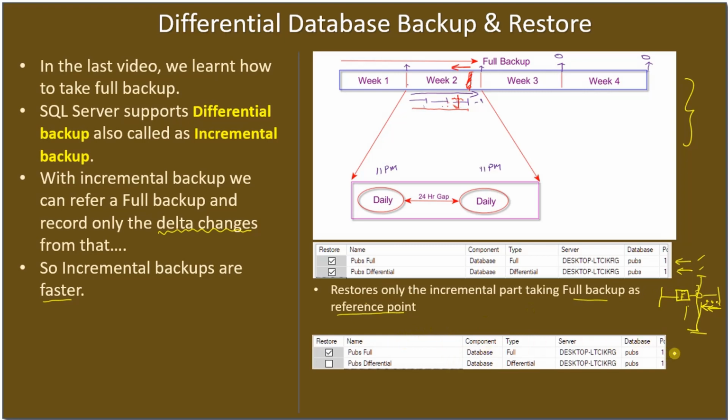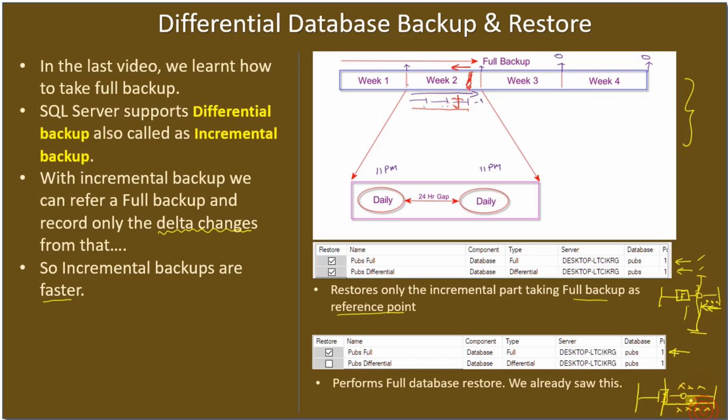When you select only the full backup period and skip the differential part, then it performs the full database restore. We already saw this. That means if you take this picture, it goes till the full backup and restores the database, right? So all these are cancelled.